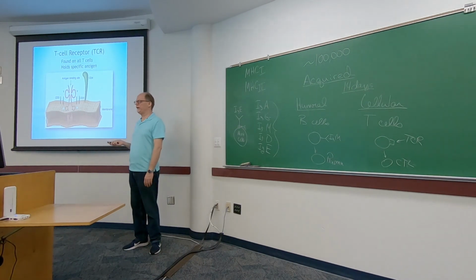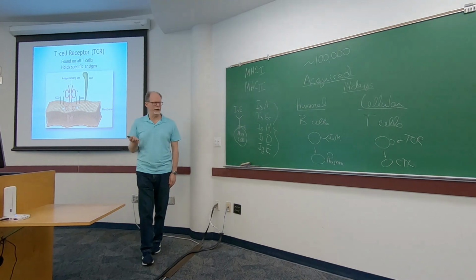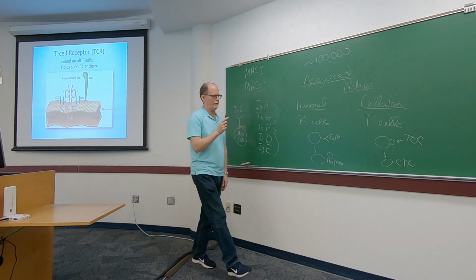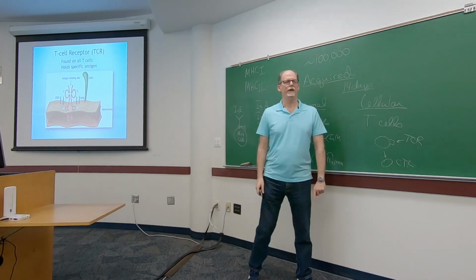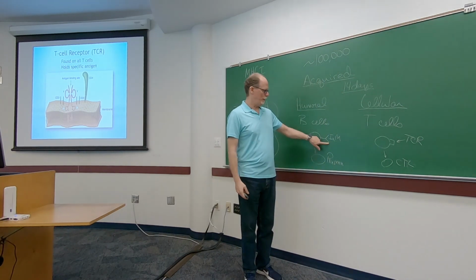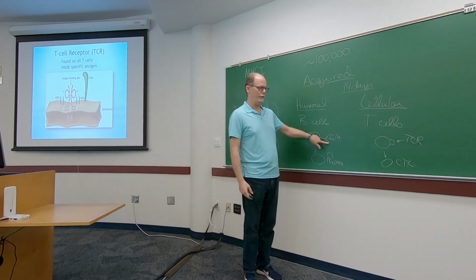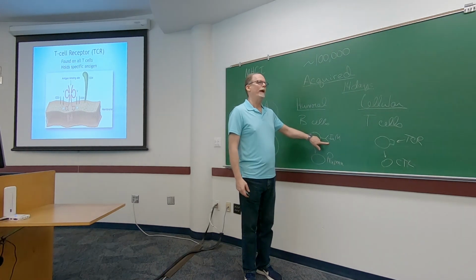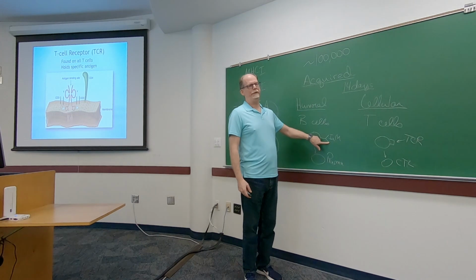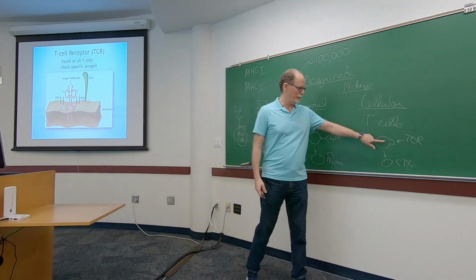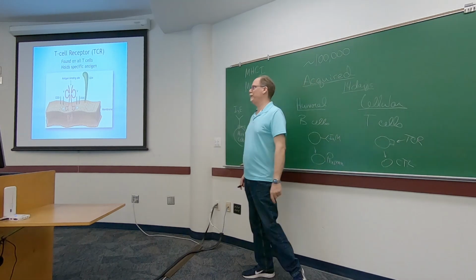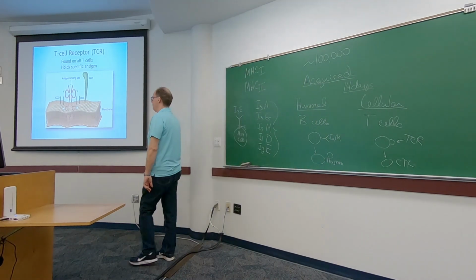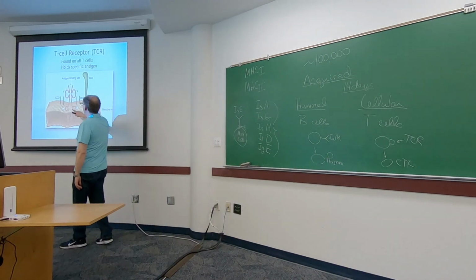Now this is a depiction. I usually at this point try to emphasize, we're going to talk about T cells now. The T cell receptor is very similar to the IgM of the B cell because it's a receptor. It has the ability to specifically bind 100,000, just like it has a variable region. The T cell receptor has to have a variable region as well. So this is a cartoon.